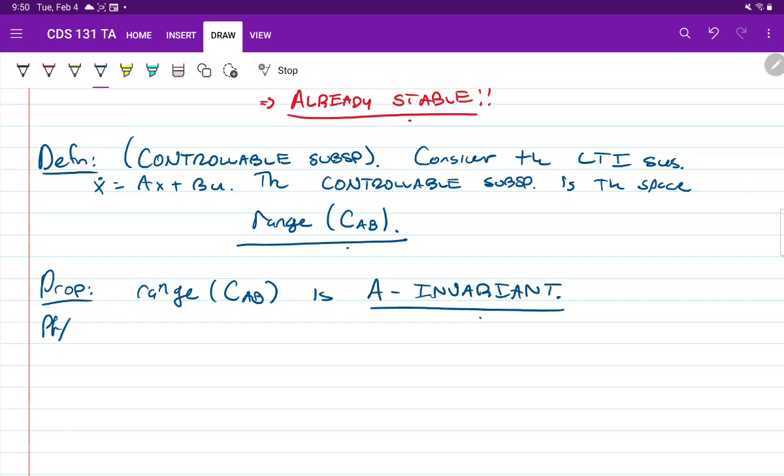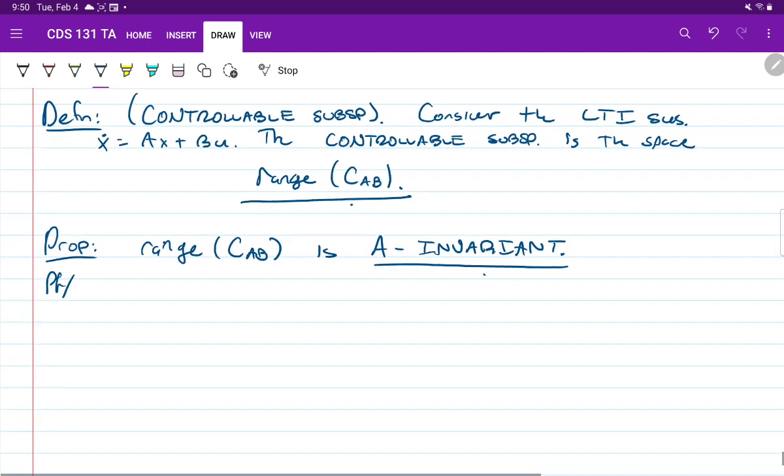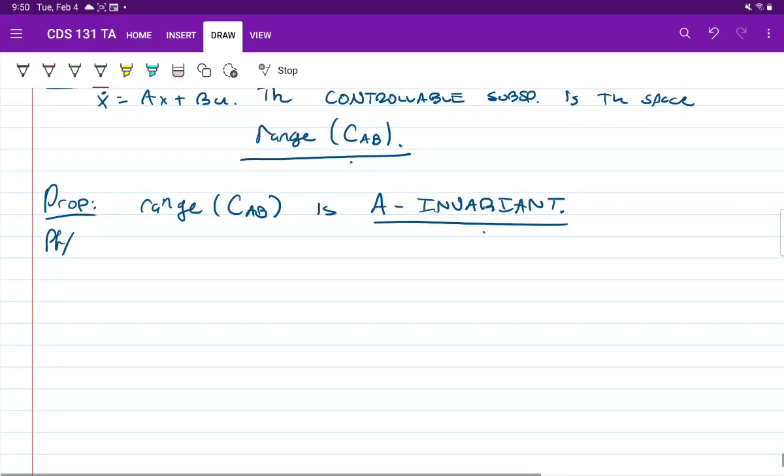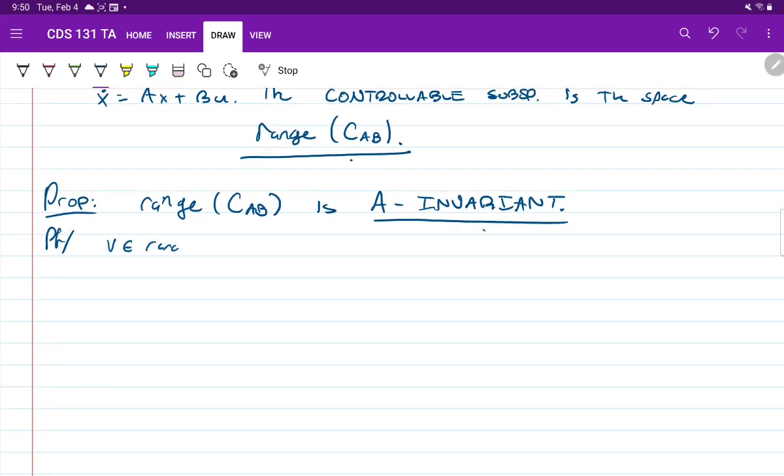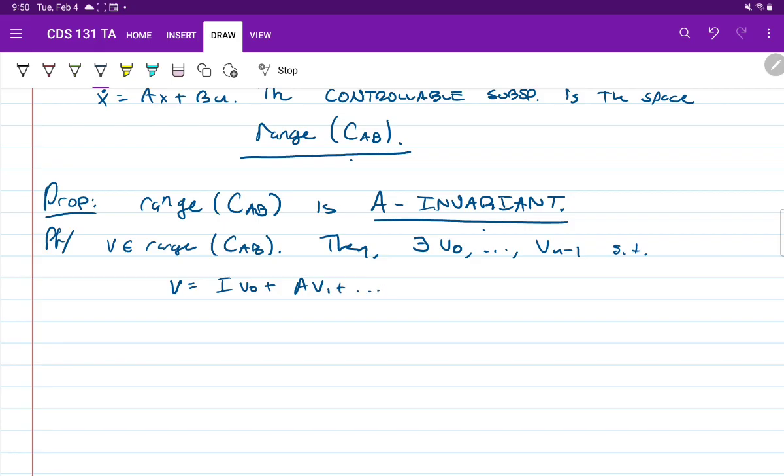So let's go ahead and prove this real quick. This is just a minor technical result that'll be useful to making our general decomposition, okay? So I'll say, suppose v belongs to the range of C_AB. Then, what does this mean? Well, this means there exist vectors v_0 through v_{n-1} such that v is equal to B times v_0 plus AB times v_1 plus all the way until A^{n-1} times B times v_{n-1}.